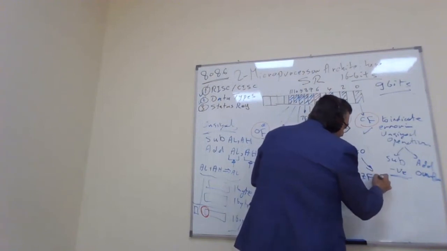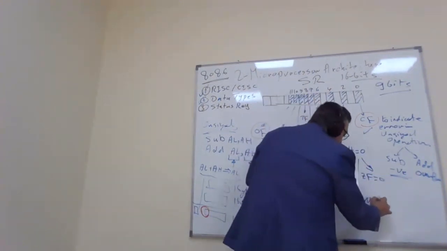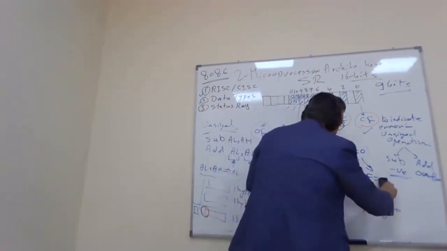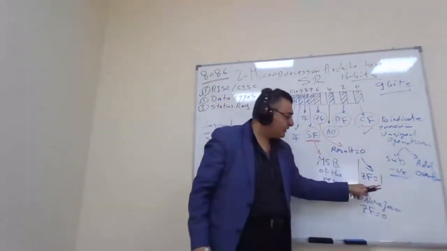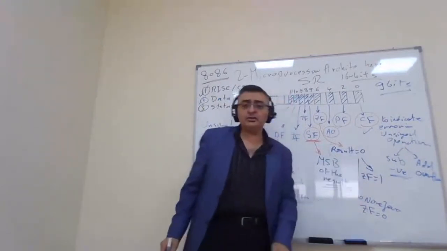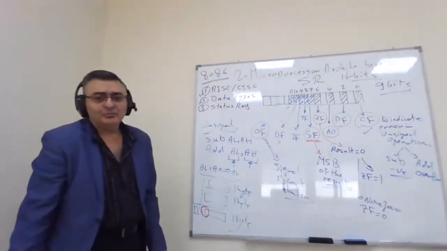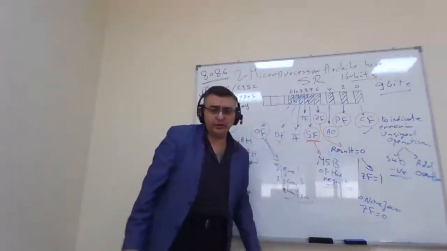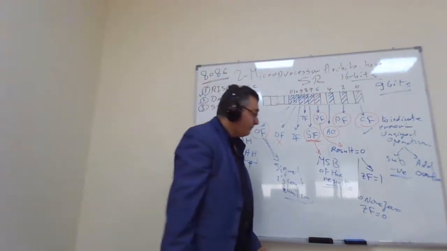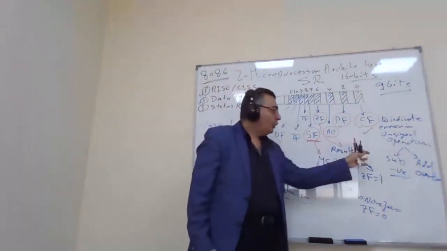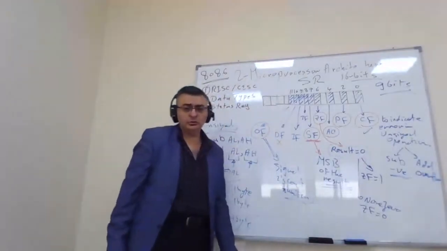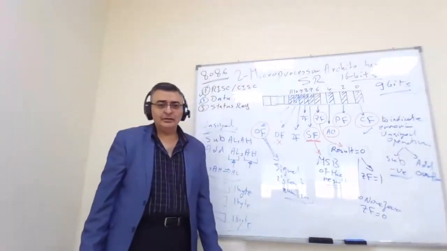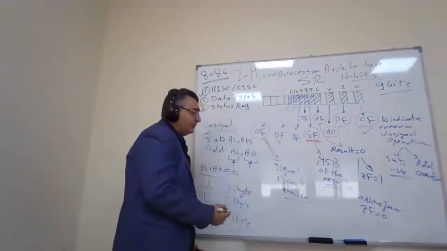So the zero flag equals 1 if the result is 0. If the result is non-zero, the zero flag will be 0. The zero flag is 1 when the result is zero, and 0 when the result is non-zero. So which gate do I use?